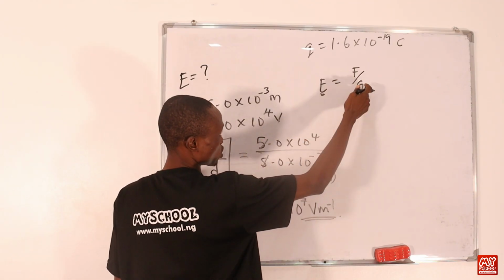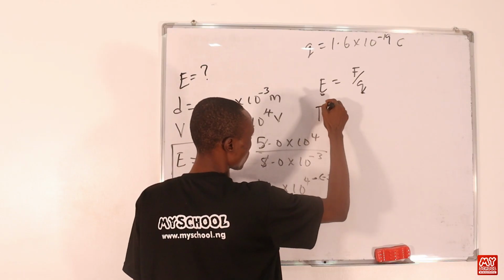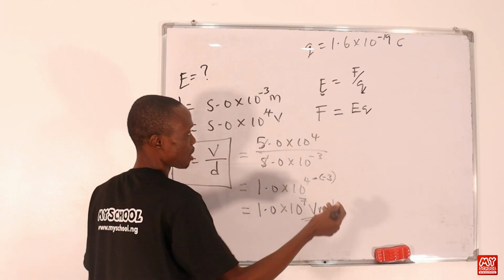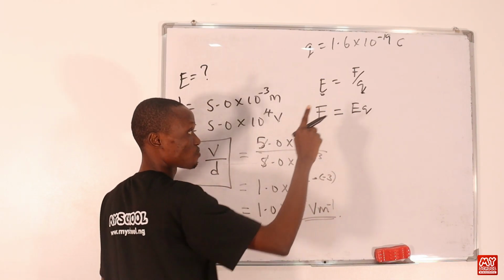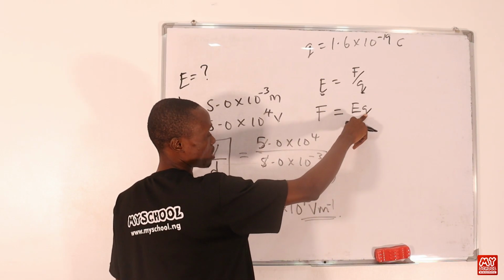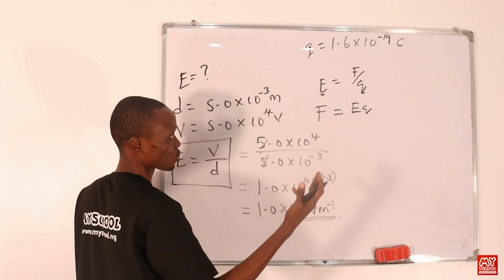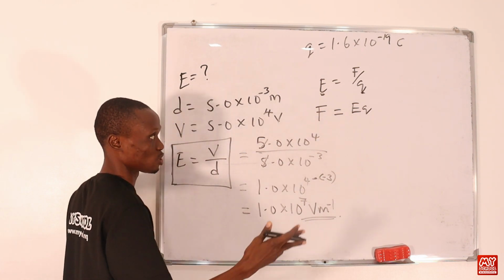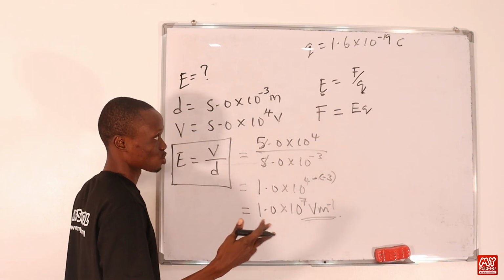So we just cross multiply, so here we'll be having F to be equals to EQ, that is E times Q. Now remember, E here stands for electric field intensity, while Q here stands for the charge on the electron. So F here represents the force on the electron, which we are asked to calculate.